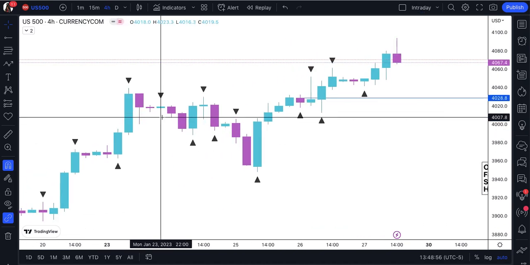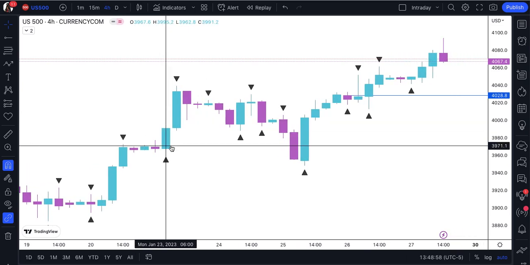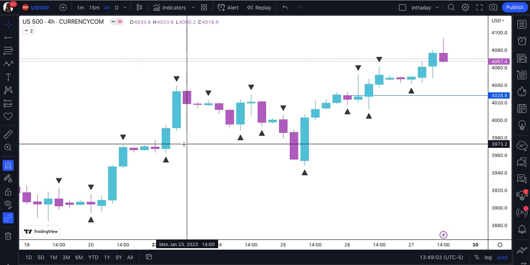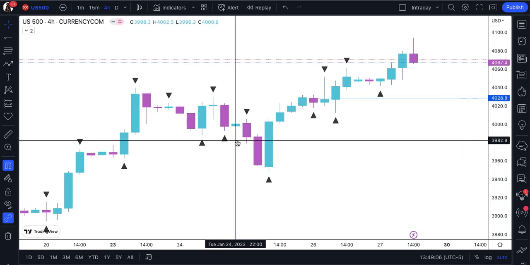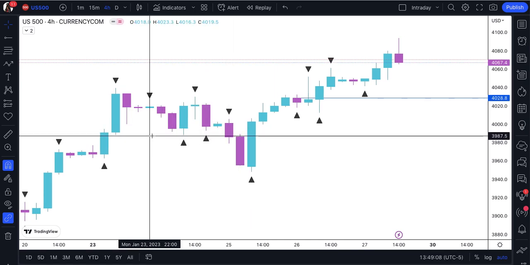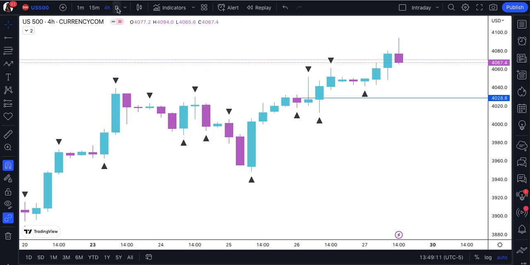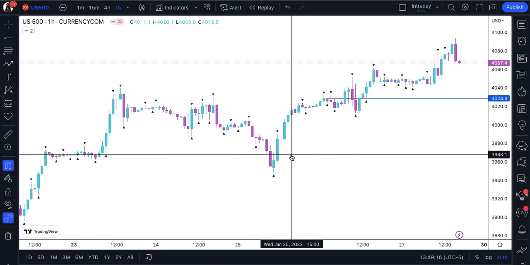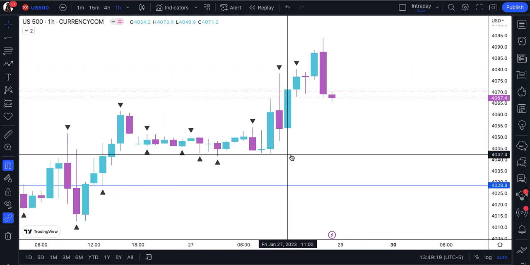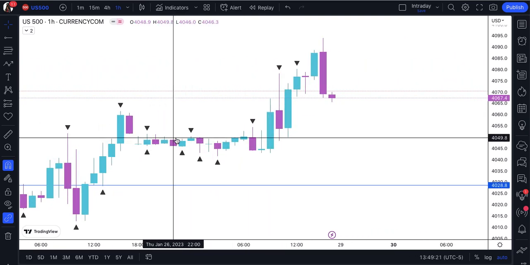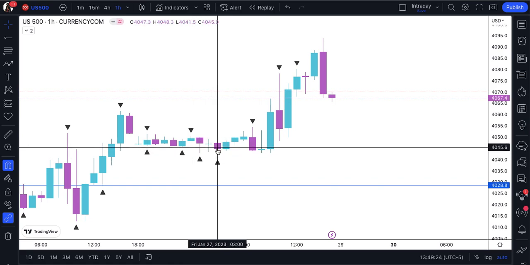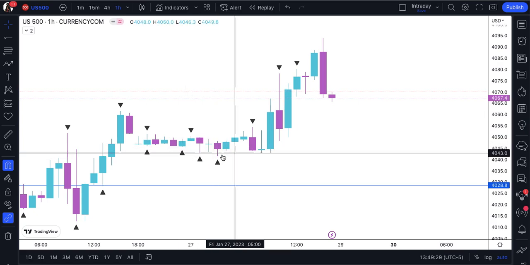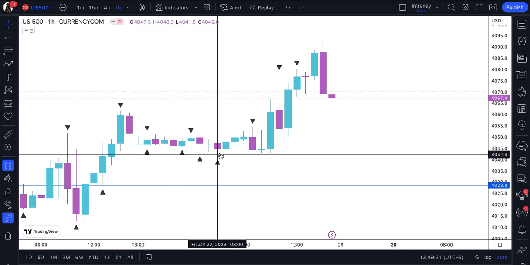Let's see if I can find more order blocks. I feel like if I went to the hourly, there would be more order blocks. Okay, let's try this one. Here's an order block right here. Price found support somewhere over here, somewhere left. It shot up.